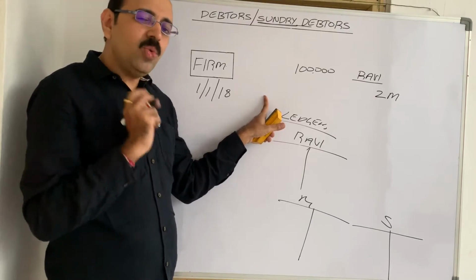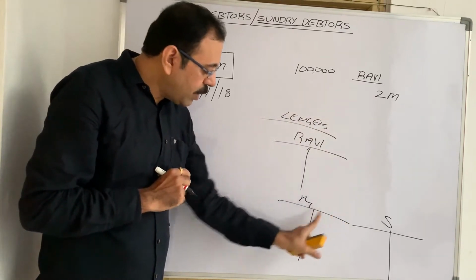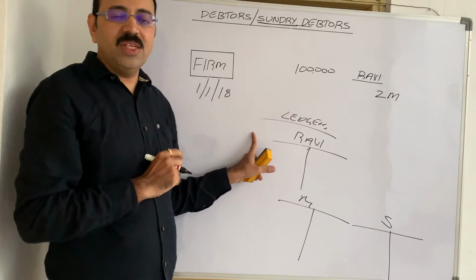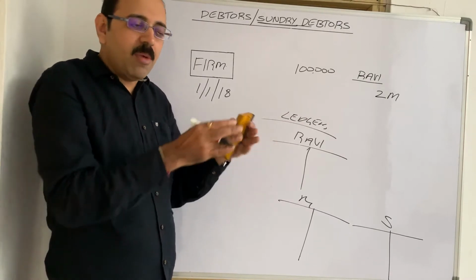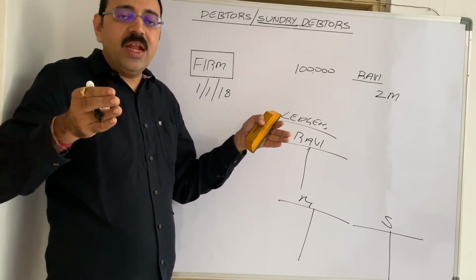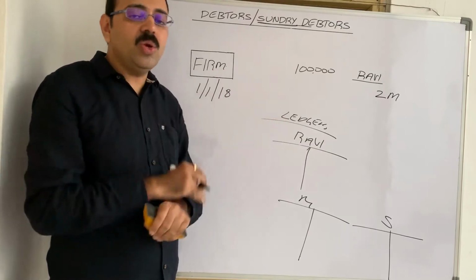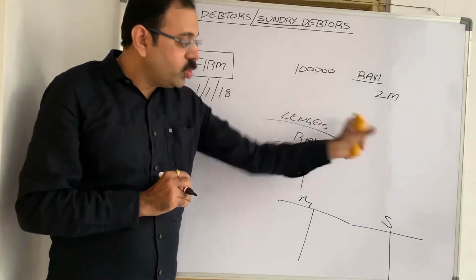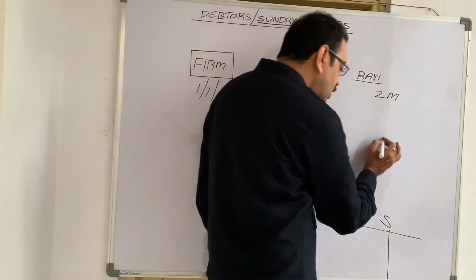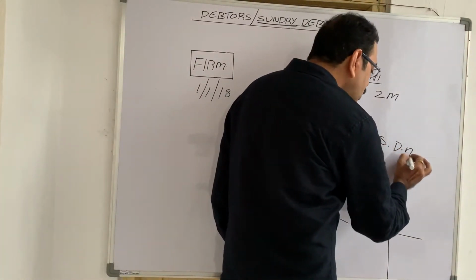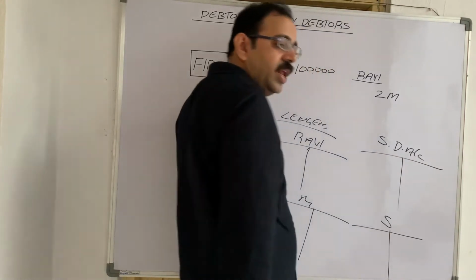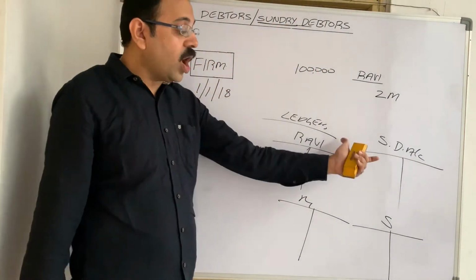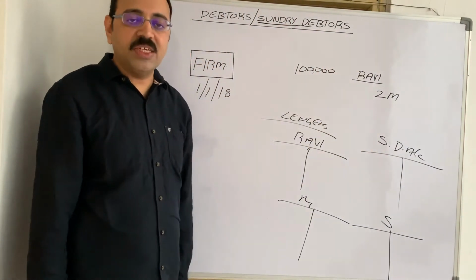Then for only 2 transactions, opening a separate account in the ledger is not advisable. When the number of accounts increases, the chances of mistakes also increase. So what we do is, instead of opening a Raju account, we open a sundry debtors account. In that account, we record Raju related credit sale transactions.